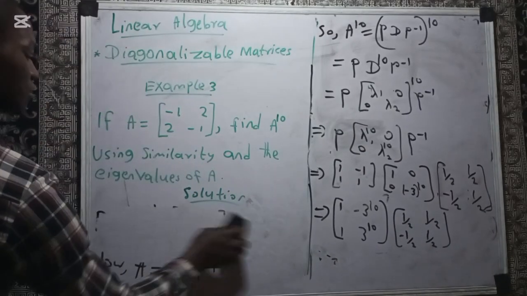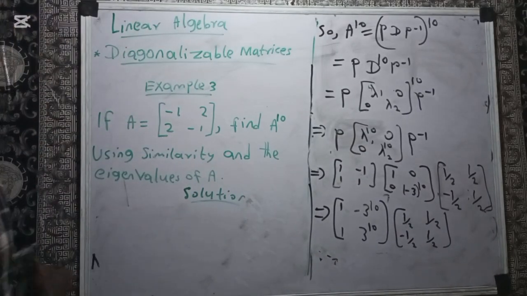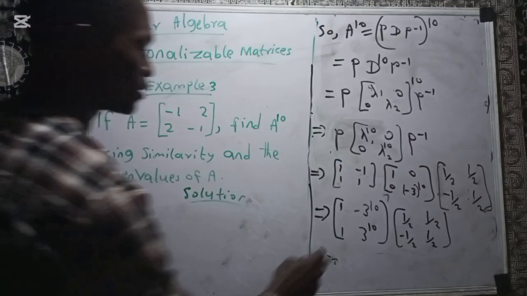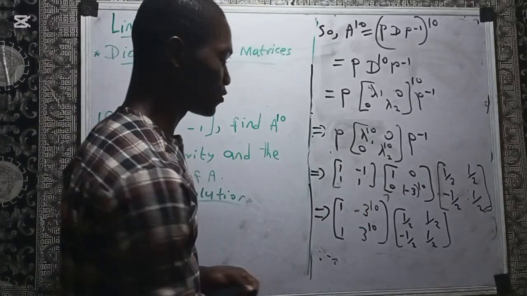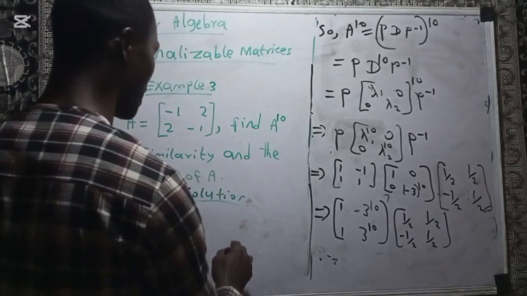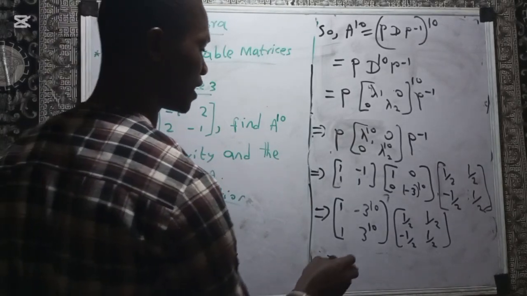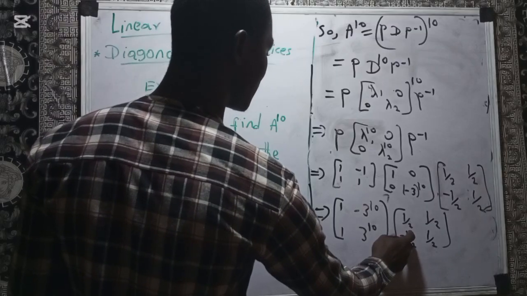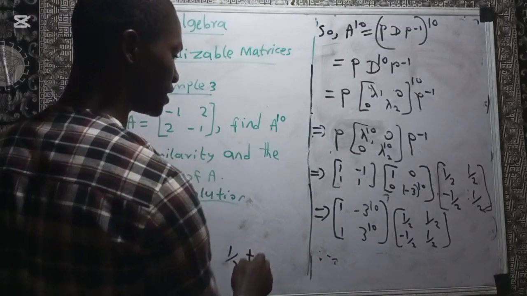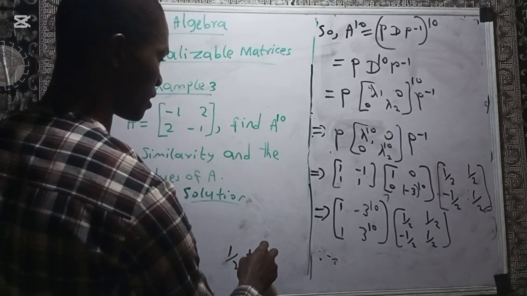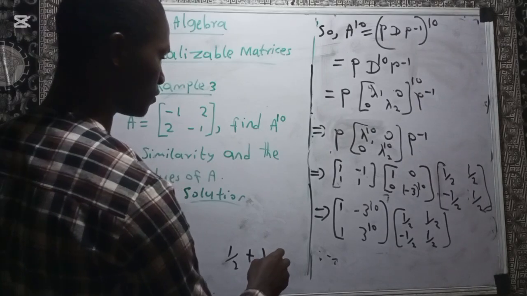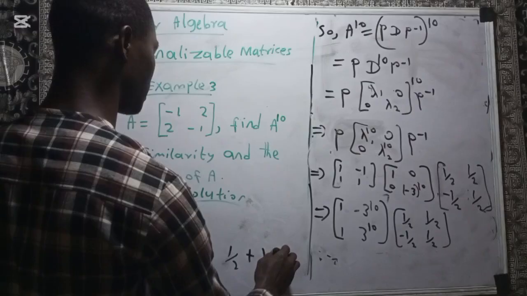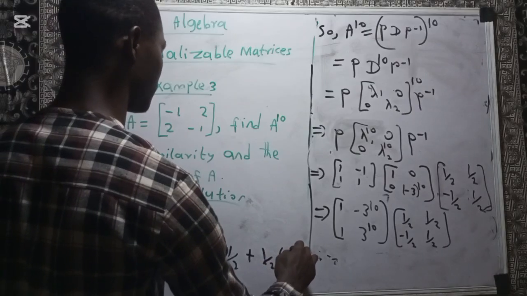So we can finish up solving this side, right? We can finish up the solving. So this simply implies, we can use the first row to multiply the first column. 1 multiplied by half, you have half. Then negative 3 raised to the power 10 multiplied by negative half, you have positive half multiplied by 3 raised to the power 10.